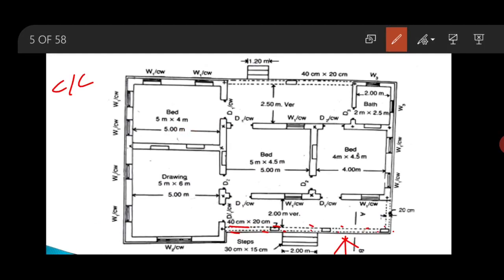From the center to center length, this front veranda is connected on one side to a 30 centimeter wall and on another side to a 20 centimeter wall.